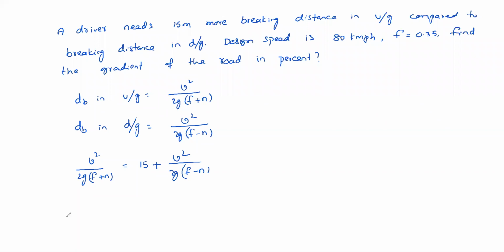So substituting here, V square, 80 by 3.6 square, by 2 into 9.81 into (0.35 plus n) equals 15 plus 80 by 3.6 square by 2 into 9.81 into (0.35 minus n).